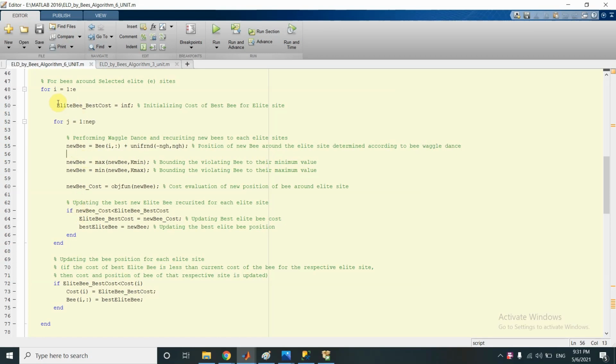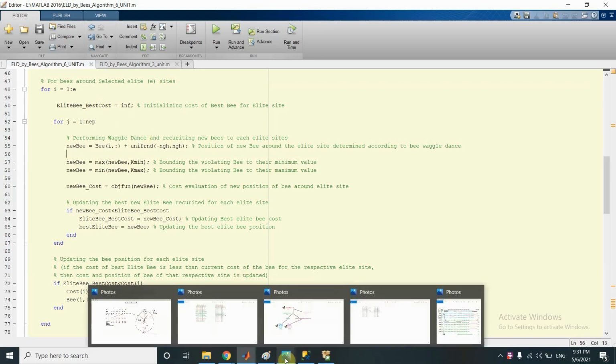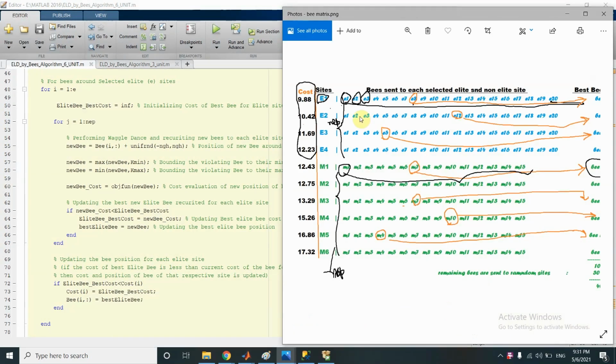This elite bee best cost is the variable which is supposed to store the best cost value that any of the newly recruited bees going around the elite sites has found. So this variable will store the best cost value that any of these elite bees has found.